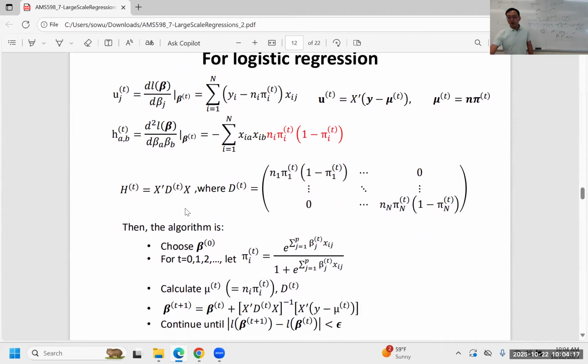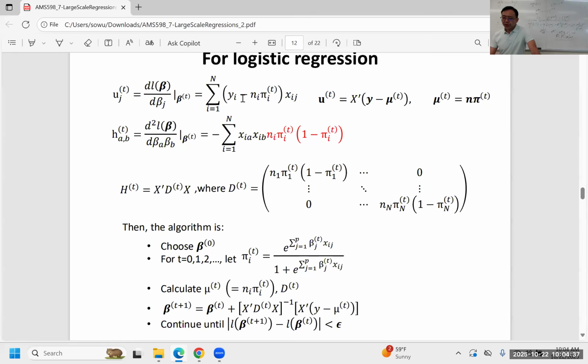We know the j-th element of the score vector, which is the first order derivative, is equal to the summation over i from 1 to n of y i minus n i p i t, times x i j.